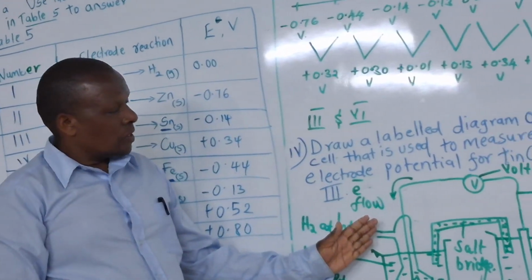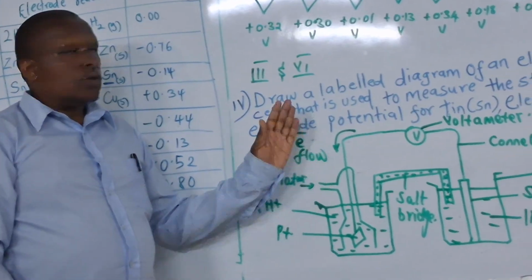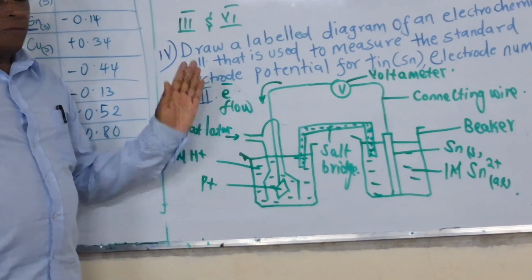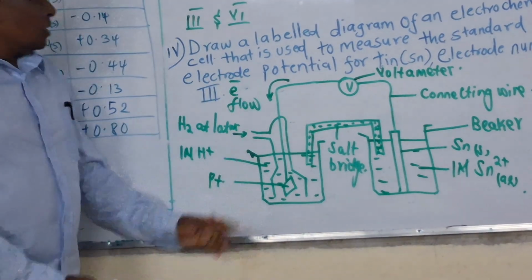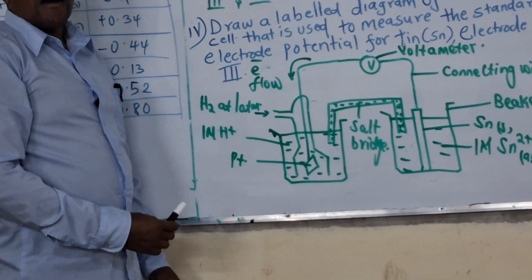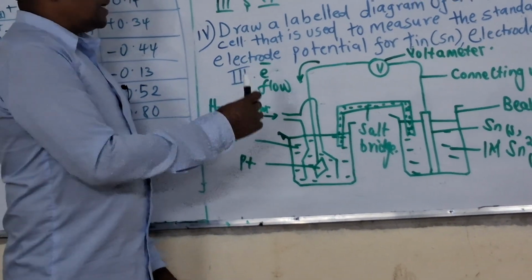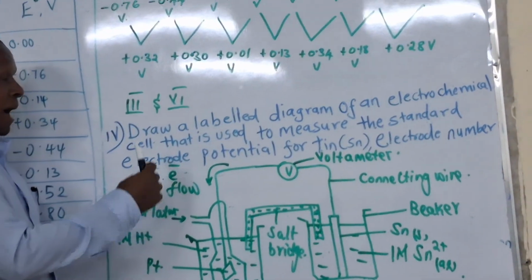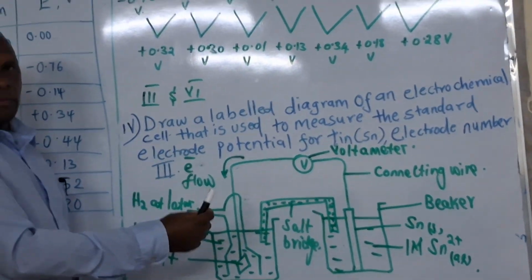Always, the flow of current will always be opposite to the flow of electrons. So if electrons are flowing towards the hydrogen half cell, then it means current is flowing from hydrogen to tin.